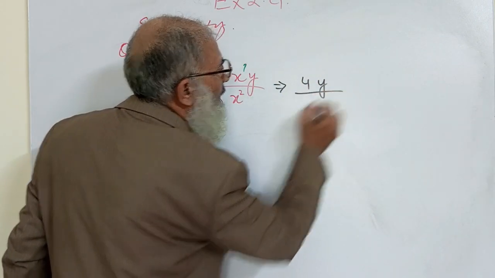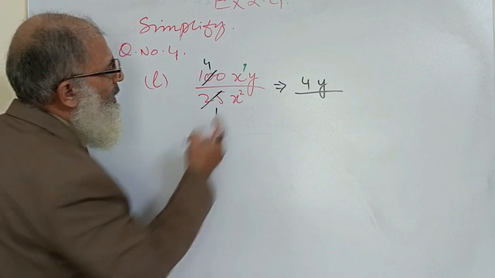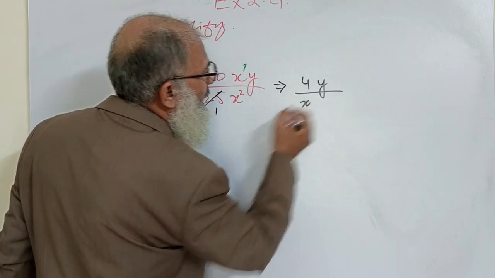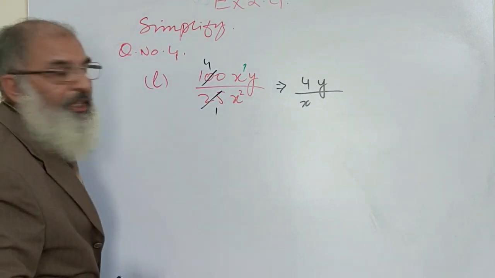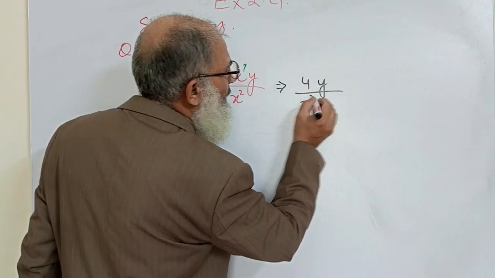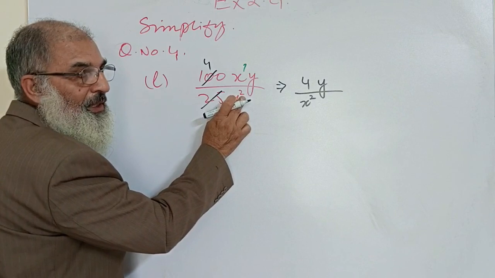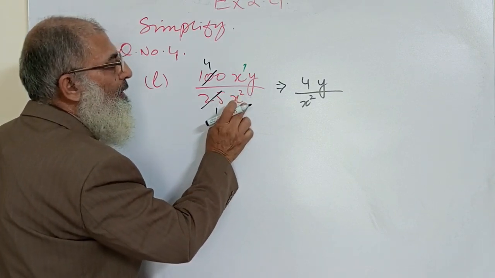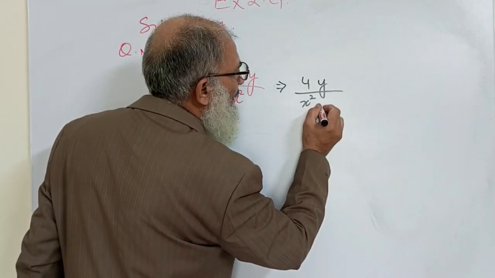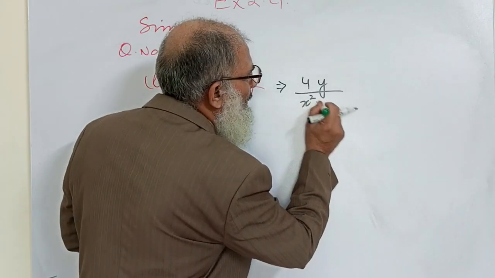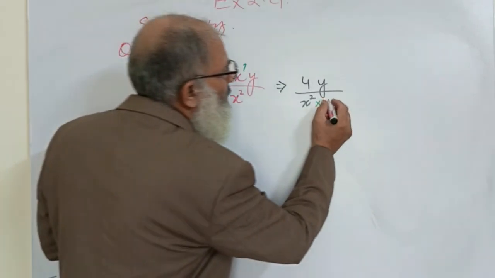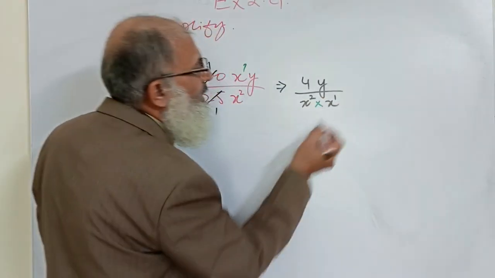I don't write x over here; I bring this x into the denominator, so it joins the x which was already there.